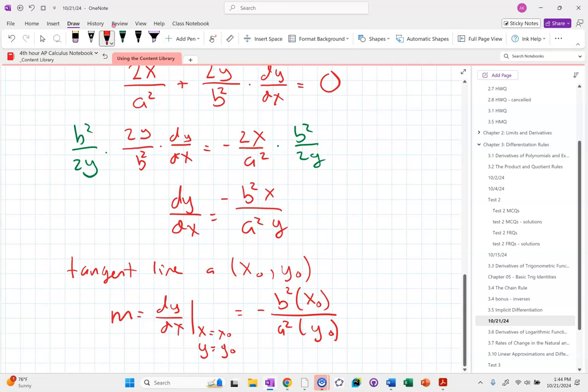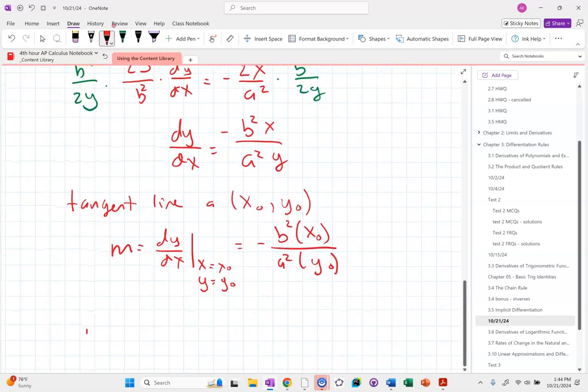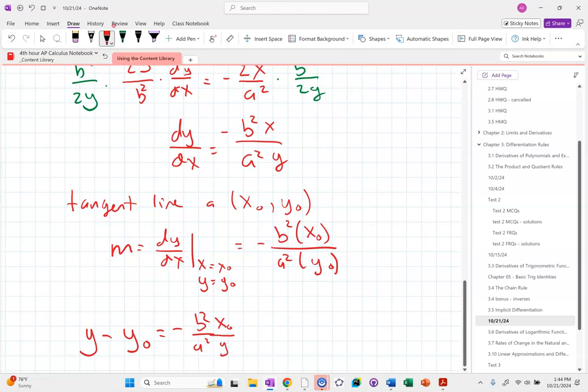So far, so good. And then my equation for the line is y minus y naught equals the slope times x minus x naught.